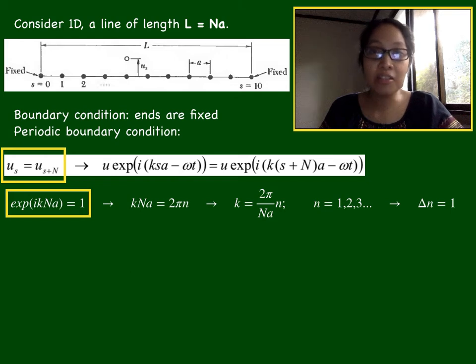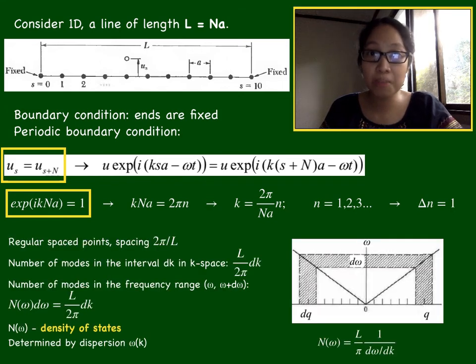That's to fulfill the required periodic boundary condition that the atom S and atom S plus N would have the same atomic displacement. It follows that k equals 2 pi over NA, and so in k space, we have regular space points with spacing 2 pi over L.